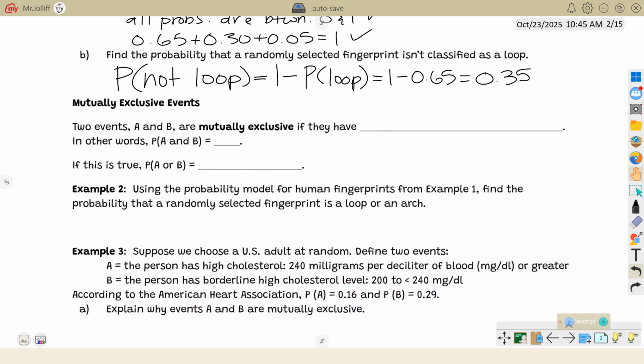We're going to learn a new vocab word. Mutually exclusive. So in statistics, when two events A and B are mutually exclusive, that tells me that they have no outcomes in common.